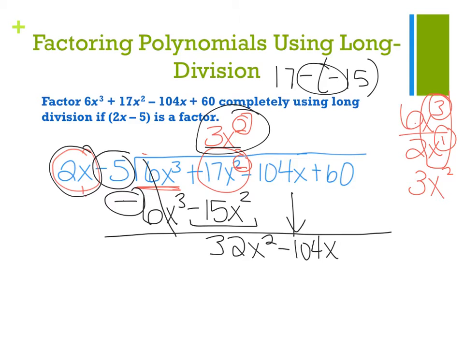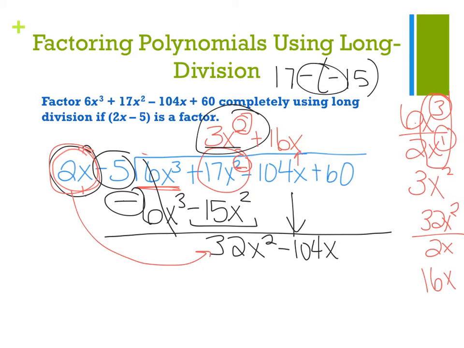And the next step would be to divide 2x into 32x squared. So again, on the side here, I'm going to take 32x squared, divide by 2x. That gives me 16x. So I'm going to record the x term on top of the x term here. So I get 3x squared plus 16x so far.